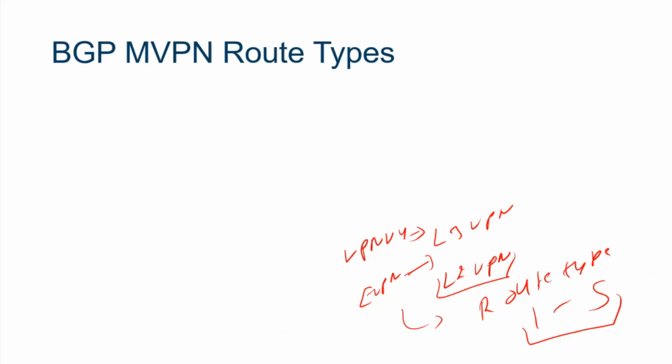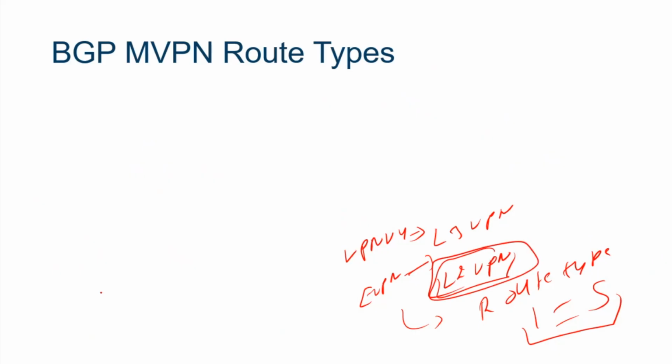So BGP said, okay, let me introduce one route type for each particular thing. If it is MAC or IP, route type 2. If it is multi-homing, route type 1, route type 4. If it is layer 3, route type 5. And then there is route type 3 also for ingress replication. But 5 different route types were introduced just to support this thing, only this thing.